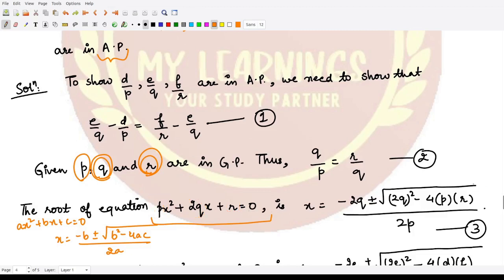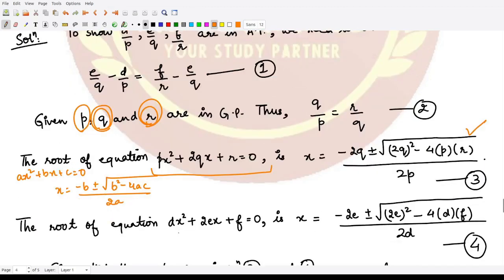So you have this as the root of the first equation. Similarly, you can calculate the root of the second equation. You would have -2e ± the square root of (2e)² - 4df, divided by 2d, where d is the coefficient of x².